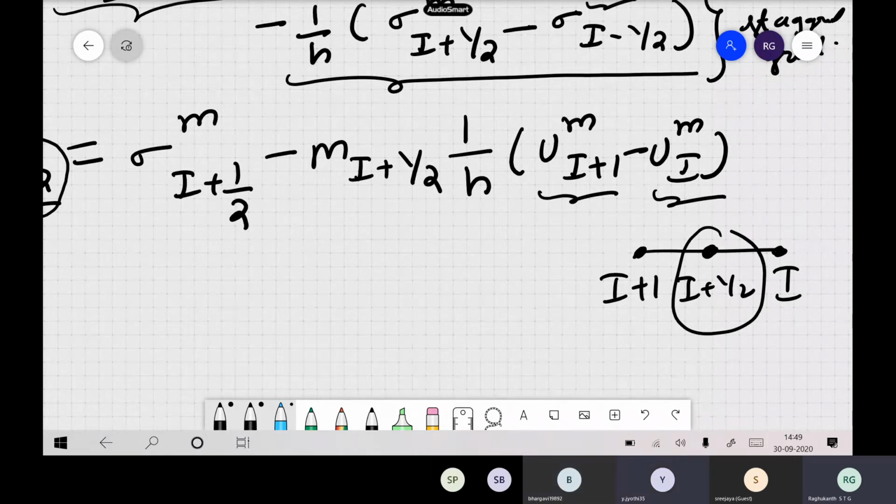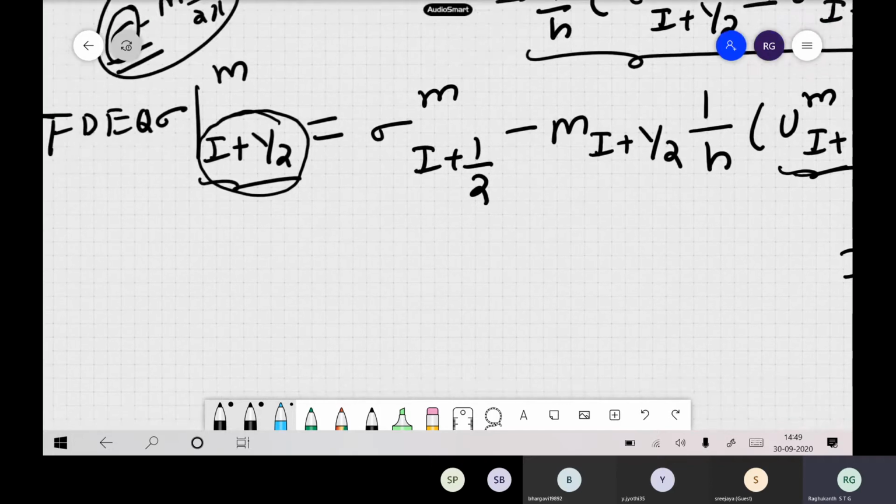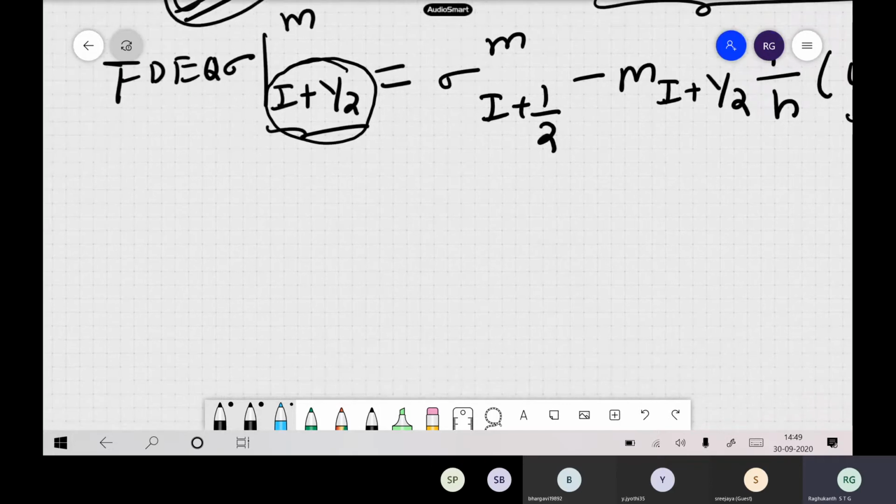You followed, because there is nothing like a forward difference here, it is not I plus 1 minus I. You understand, right? Suppose you are using I plus 1 and I, that is different, but you are computing this to find out at I plus half only. So this is also central difference only, but because of the staggered grid, this confusion comes actually. So these are very, very important things in finite difference.